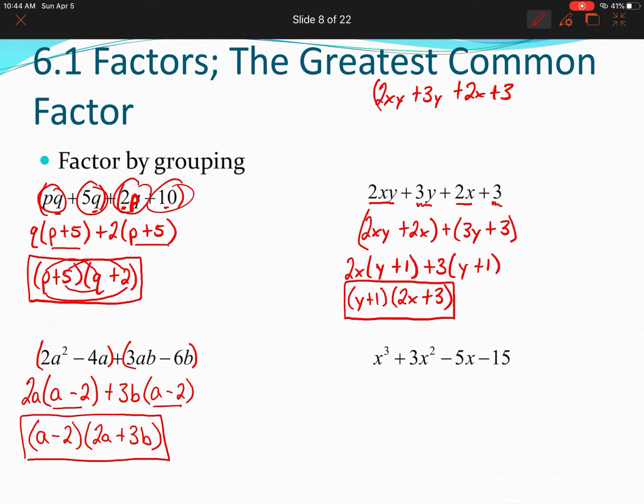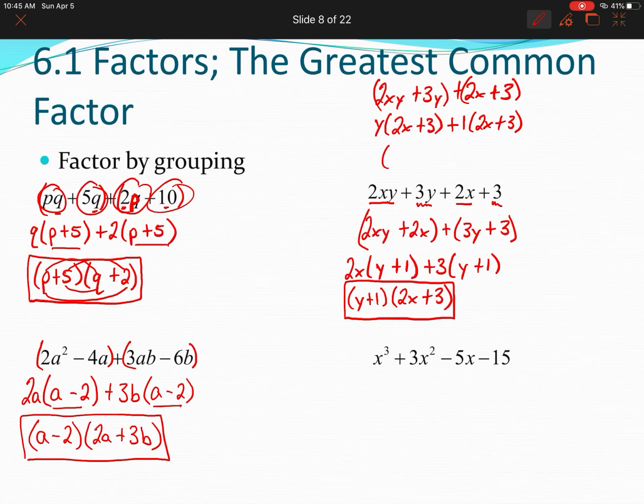So if you had grouped it this way, like it's written, do the first 2 and the last 2, you would have had a common factor of y, and then 2x plus 3 as what's left, right? And then in the last group, you would have had a 1 as a common factor with 2x plus 3 that's left.